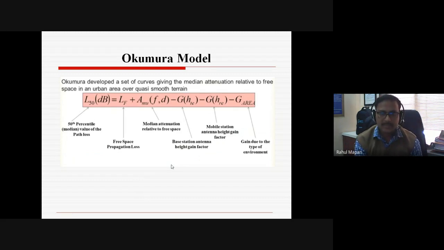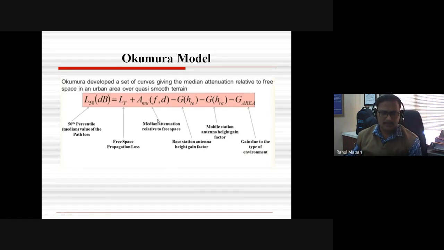Now, this is a very, very important equation. You can quickly write the equation of loss calculation. It is L50 dB equal to LF plus AMU, which is a function of frequency and distance, minus GHTE minus GHRE minus G area.